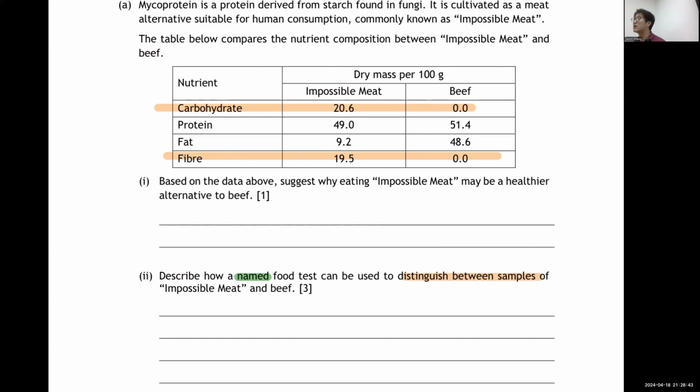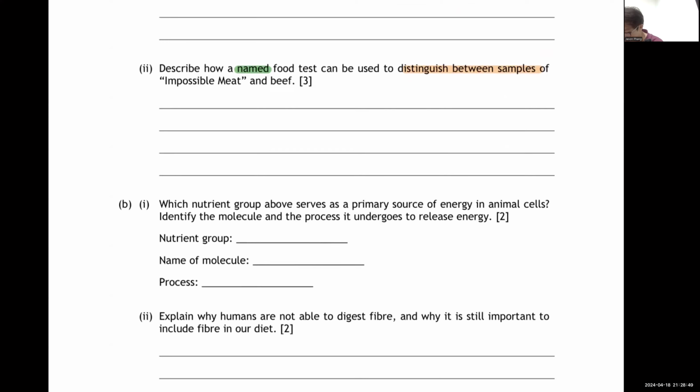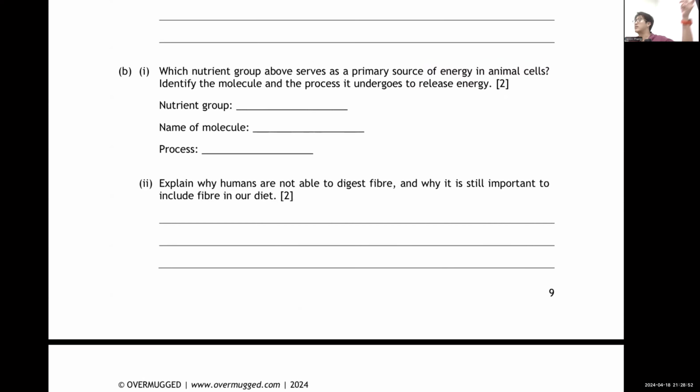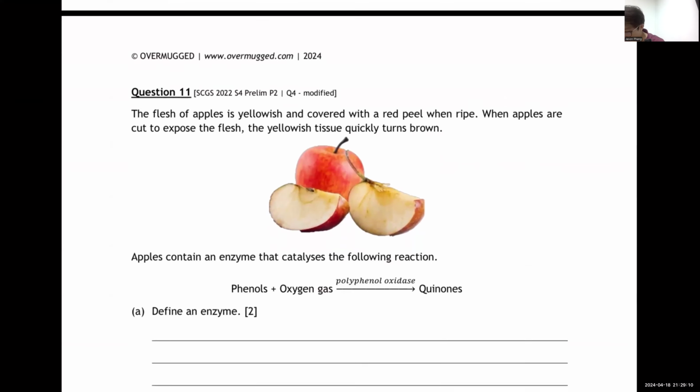Alright, so that's it about the language there. We talked about fiber just now, right? To help with bowel movement, not help with constipation. We help with bowel movement to reduce or prevent constipation.